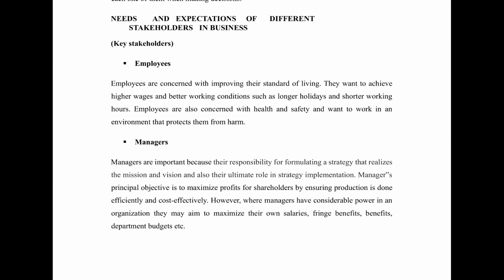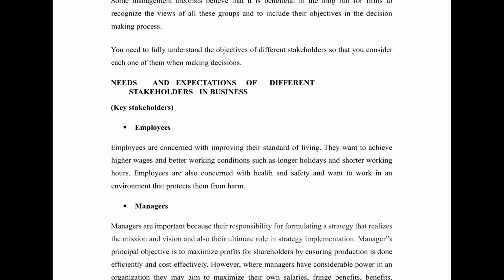Now, let's look at the managers. Before we go to the managers, I want to find out from class: what do you think are other expectations and needs that the employees want, apart from these that I have mentioned? We can get some from the class. You have never been employees.